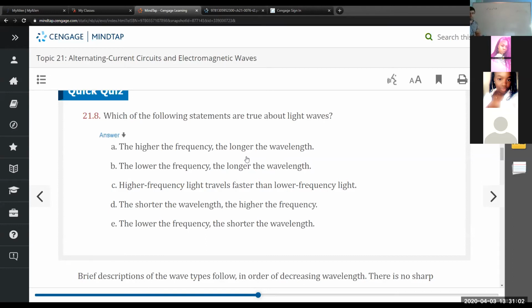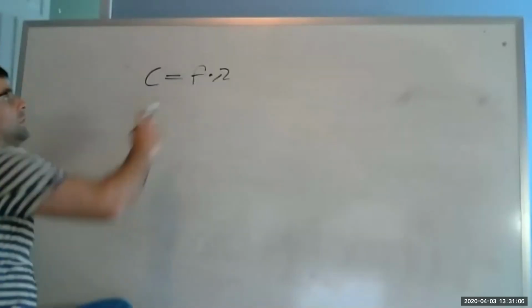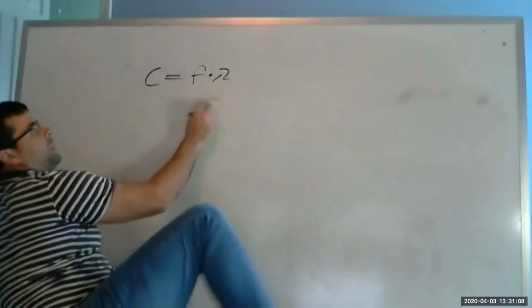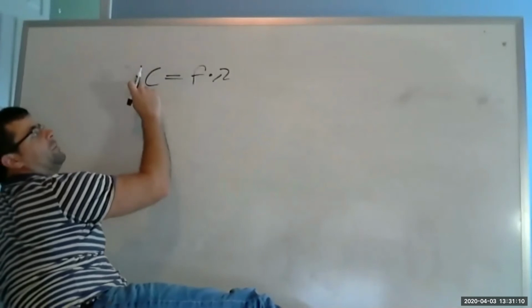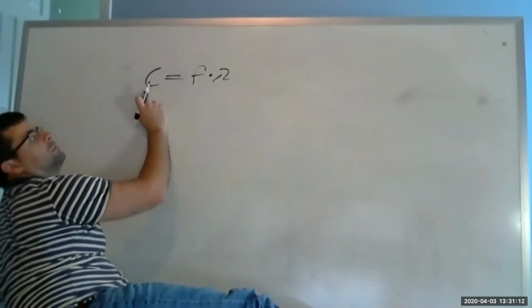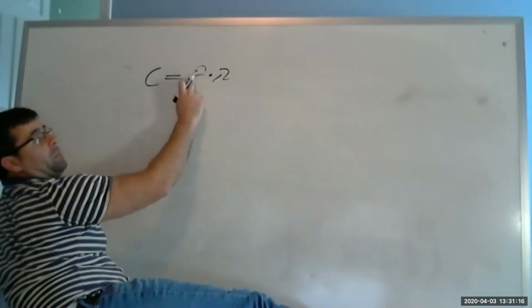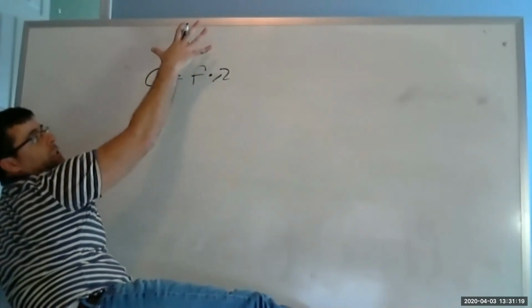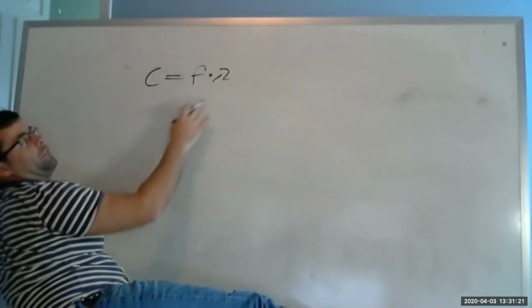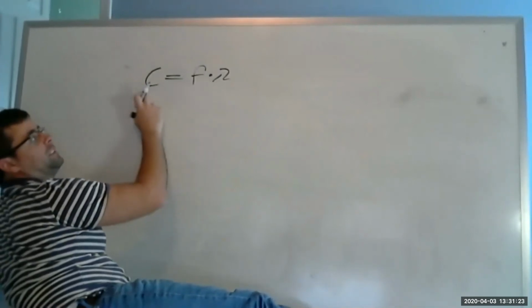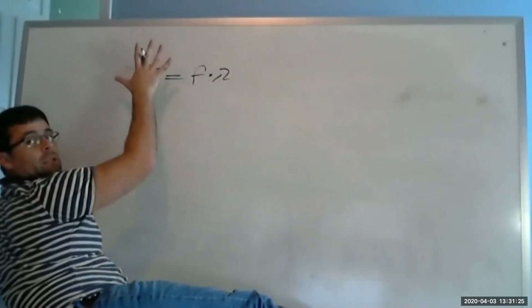The algebraic way to think about it is these two things have to multiply together to give this number. So if I take f and make it big, then if I don't change lambda, c also gets big.